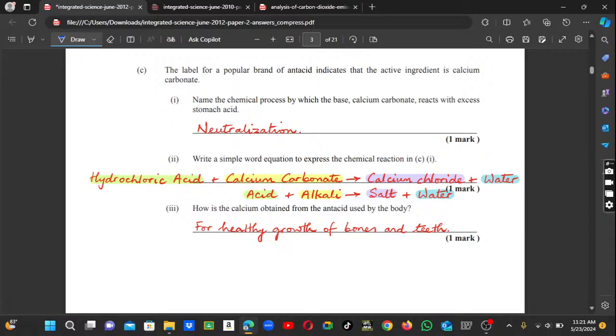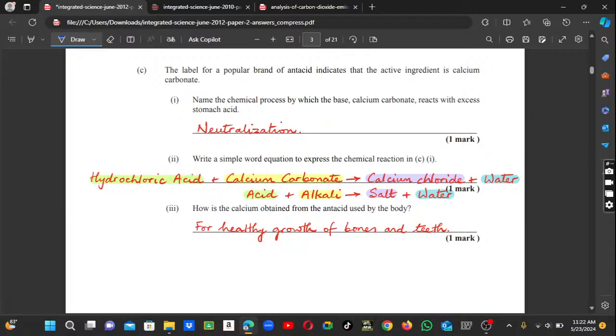All right. So here it says we need to write a simple word equation to express the chemical reaction. We are talking about the neutralization, so we need to write a quick word equation. You can see that hydrochloric acid plus calcium carbonate gives calcium chloride plus water, in line with acid plus alkali giving salt plus water.